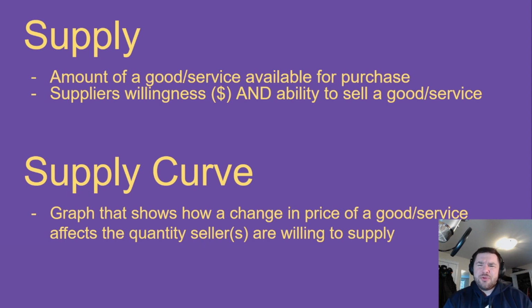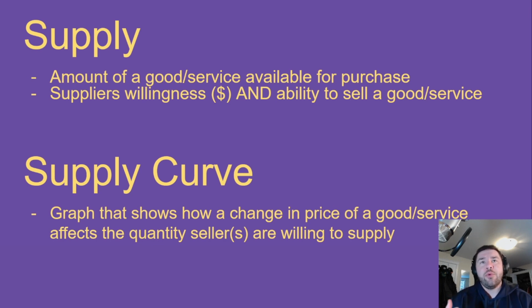You see distributors even. Like I've heard distributors sitting on Sun and Moon sets and charging close to market rate for those boxes. So it's the amount of a good or service available. Another thing that affects availability, you see in the second point there, is the willingness.